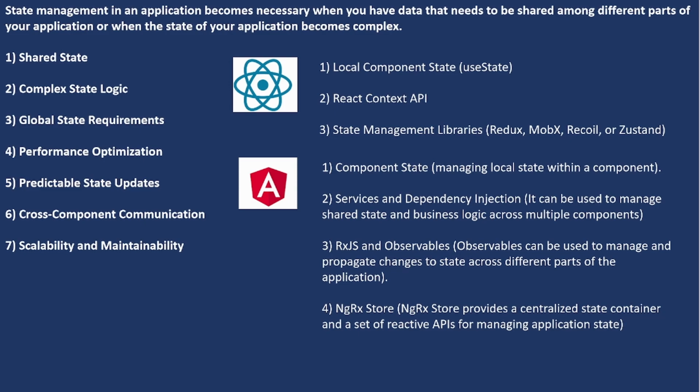Suppose I want to use authentication in one place, theme settings in another, some data in another, and language preferences in another, and I'm going to use them throughout my application. In that case, if you maintain a global state, you can reuse it wherever you want throughout your application. That's the purpose global state is required for in your application.